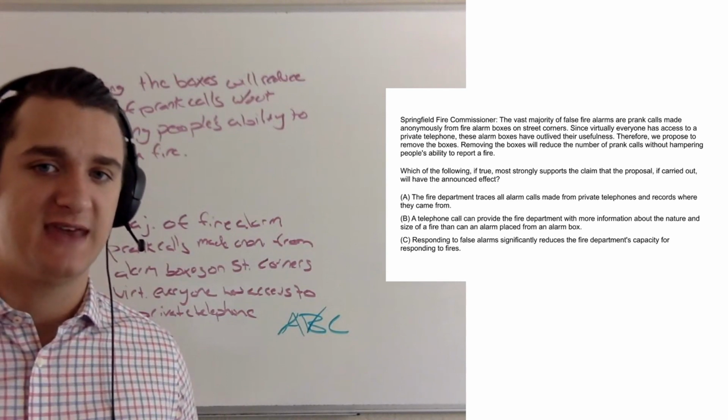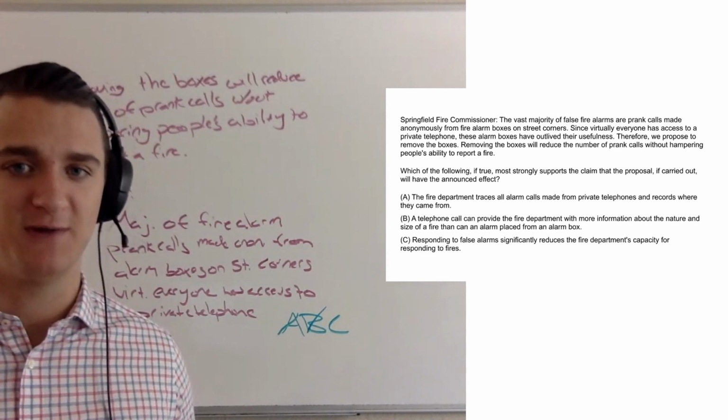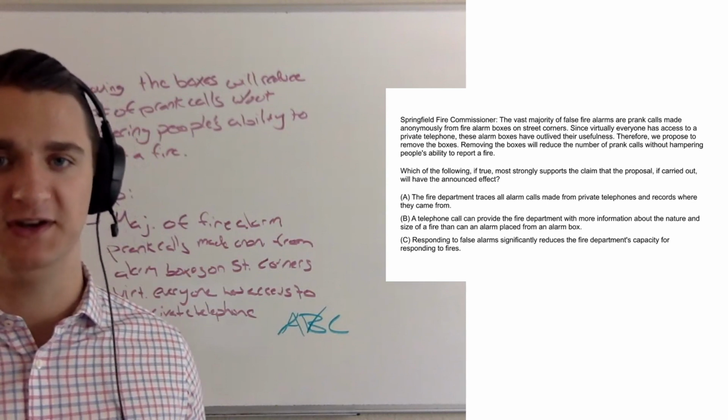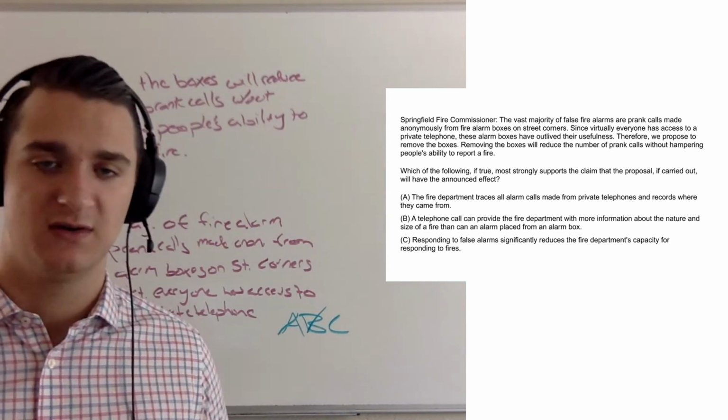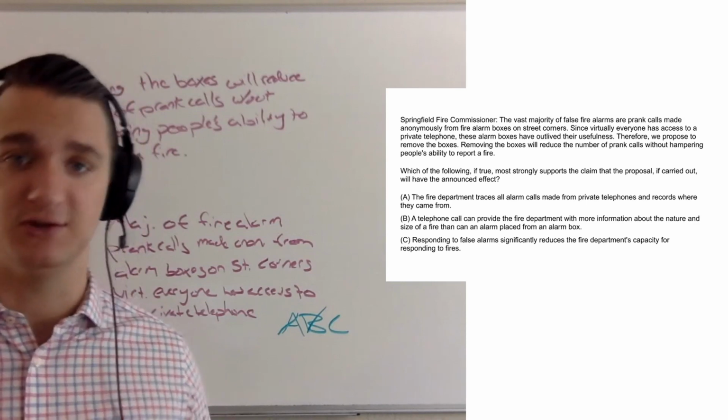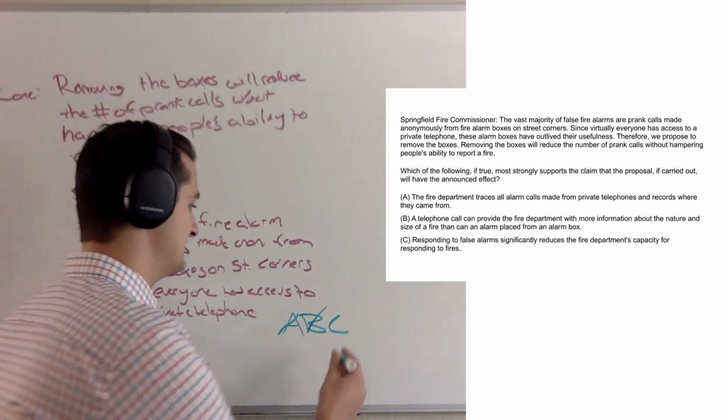That just tells me that it's going to enable the department to do more. It doesn't tell me about people's ability to report a fire, and it doesn't tell me that removing the boxes will reduce the number of prank calls. So I can eliminate C.